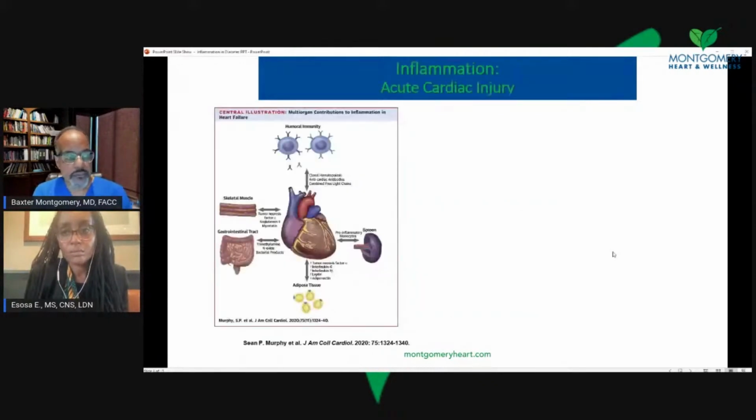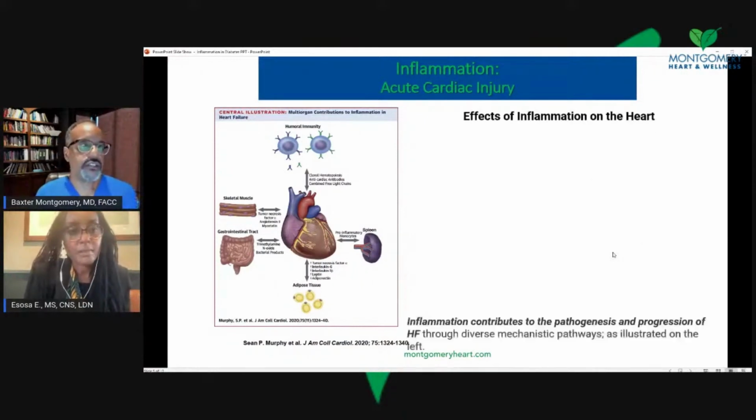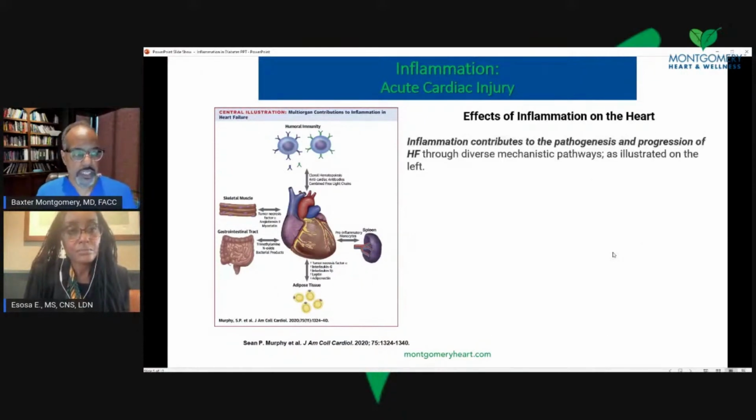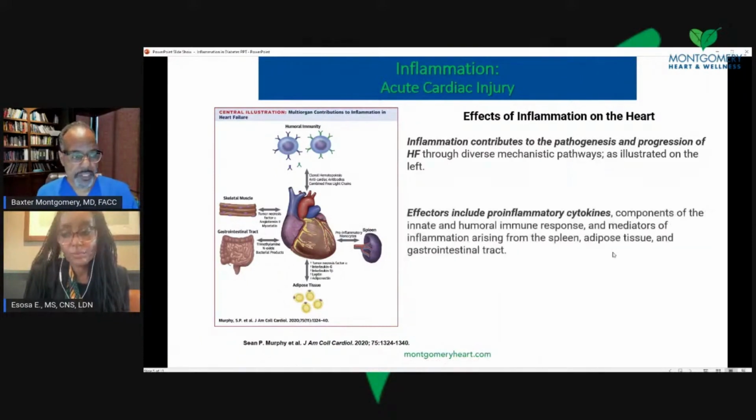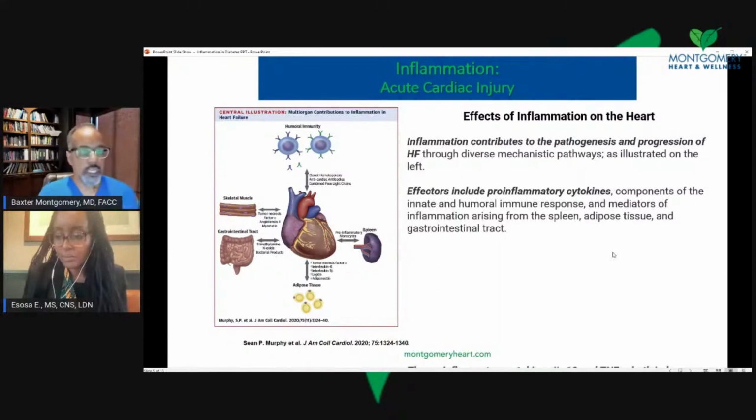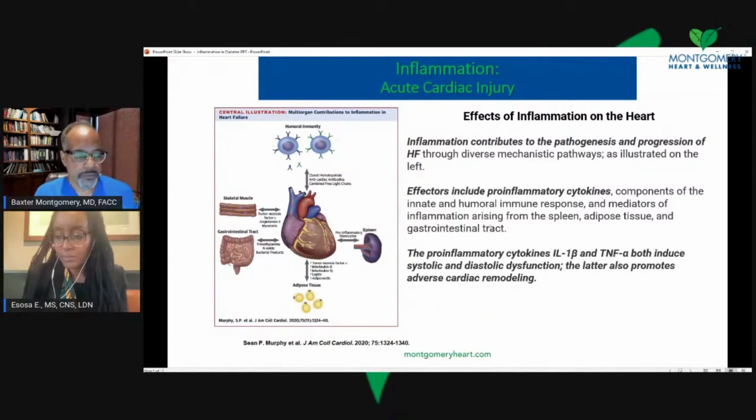I will talk about some type 1 diabetic patients that I've treated before. I threw in a slide from a previous talk to bring up some of the common things. Those of you who saw my heart failure inflammation talk may remember this slide. What I want to do is talk about some of the same things. You have effectors of pro-inflammatory cytokines, IL-1 beta and TNF alpha. They also induce systolic and diastolic dysfunction.